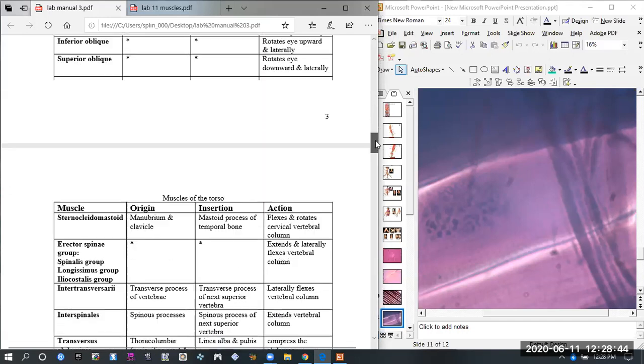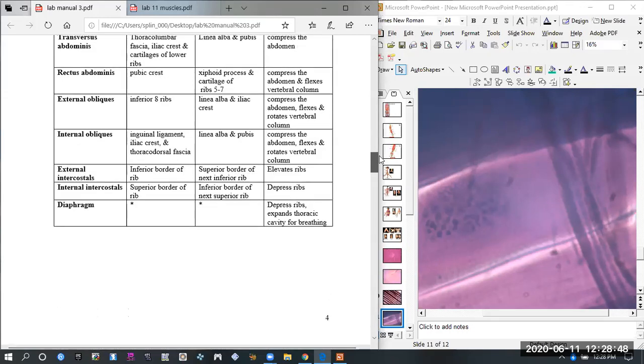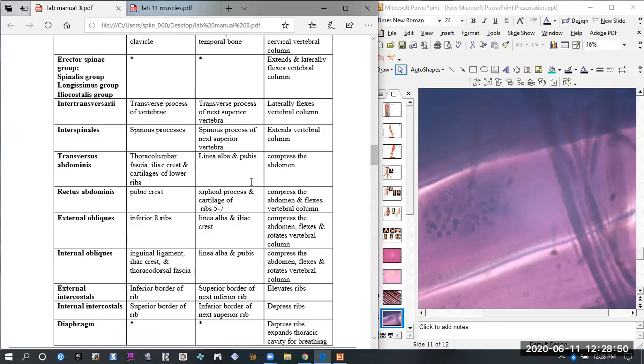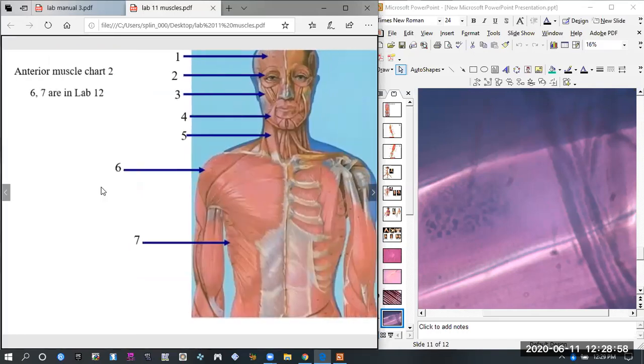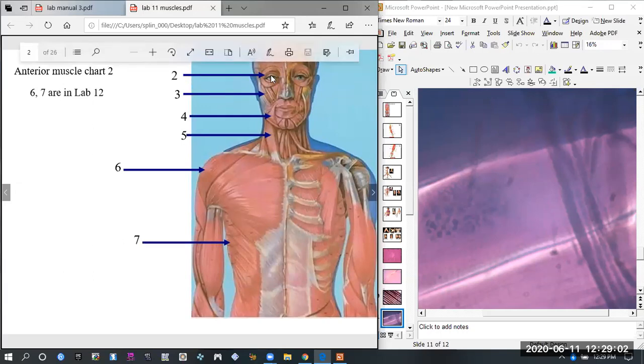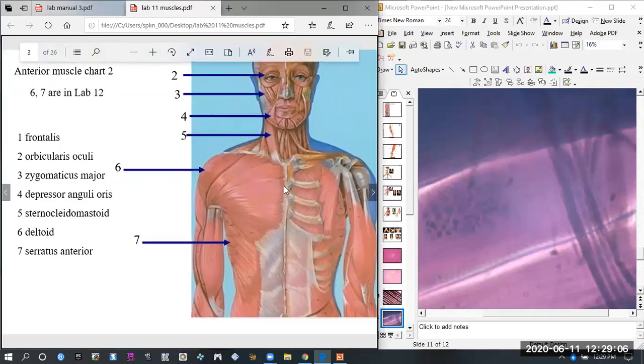So to help you learn, of course, the section here with the names of the muscles, we have this file, the Lab 11 file, posted up for you. And it has the figures. You notice here the labeling of the muscles. And you have the answer key as well.